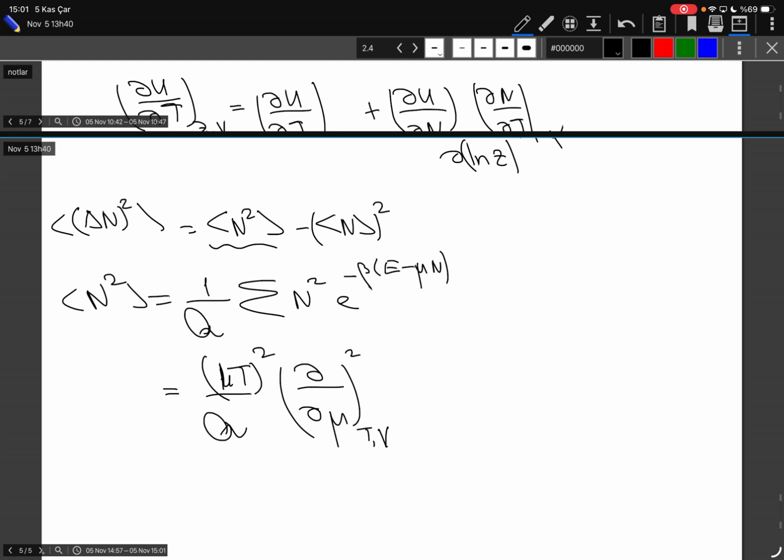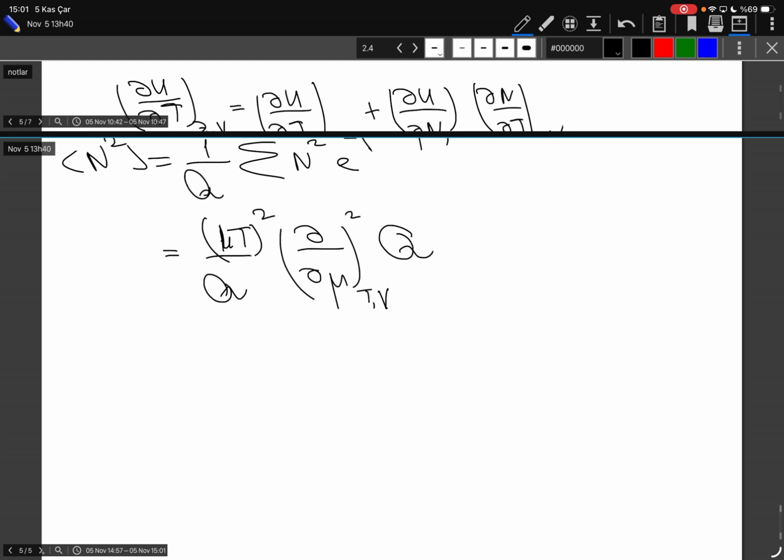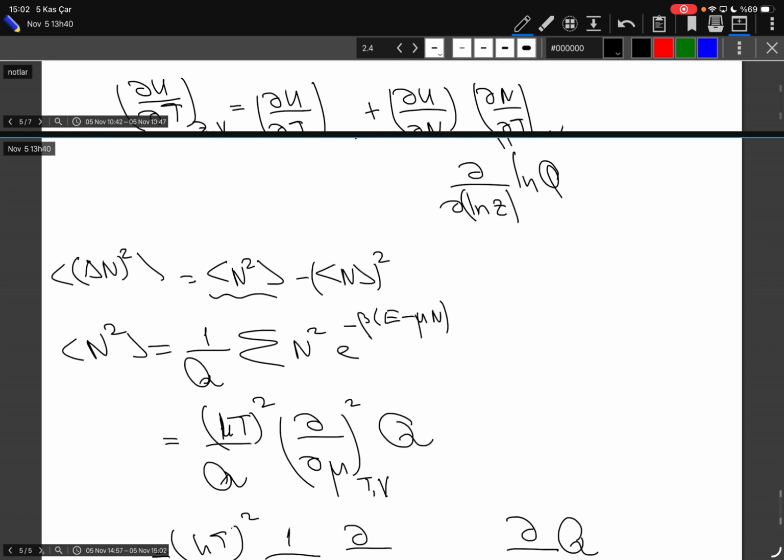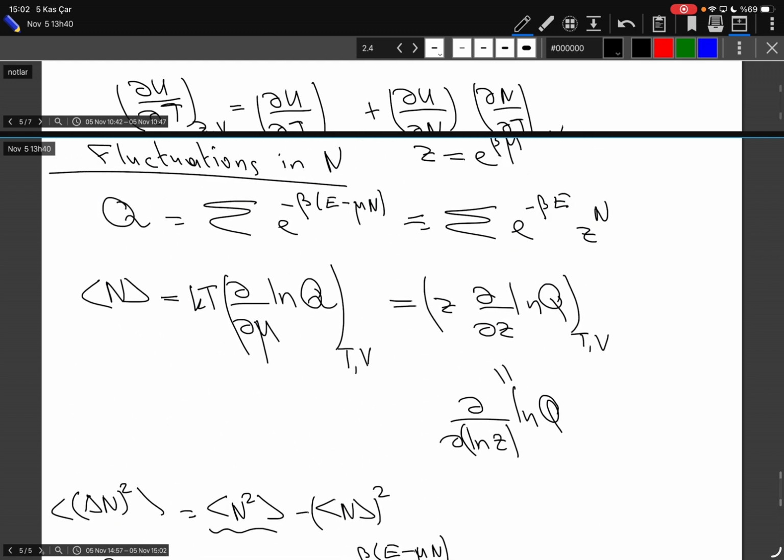Of what q? Well, let me write it slightly differently. This is kt squared, 1 over q, derivative with respect to mu of derivative with respect to mu of q. I'm taking the derivative twice. Well, you see, when I'm calculating n, it is the derivative of q over q.